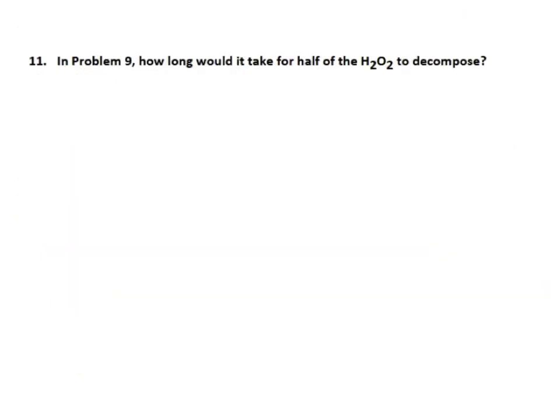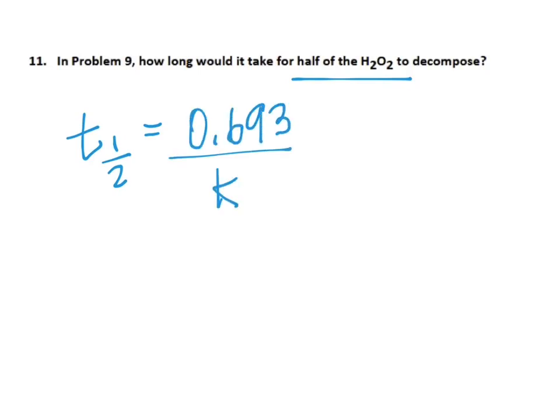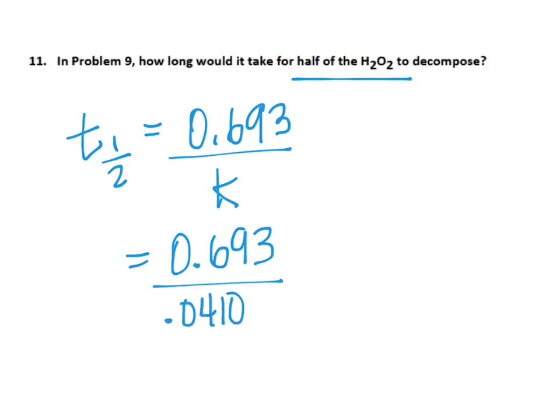I like the graphing better. In problem number 9, how long would it take for the half-life of hydrogen peroxide to decompose? So what order was problem 9? First. So my equation is T1/2 is equal to 0.693 over K. And K, they tell us, was 0.0410 minutes to the negative 1.